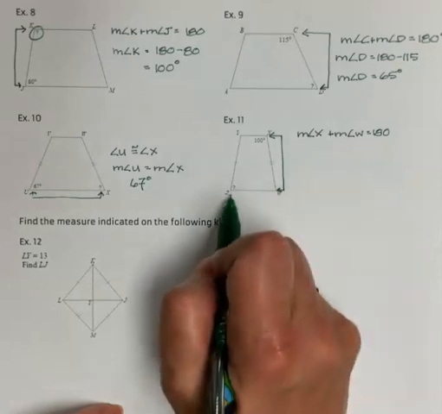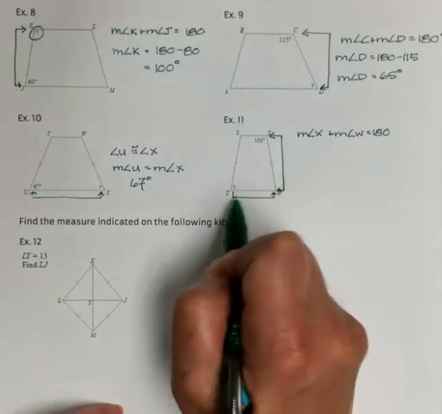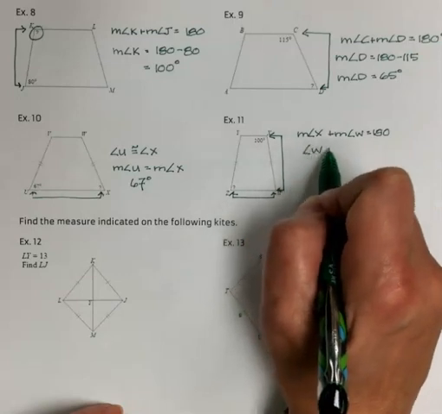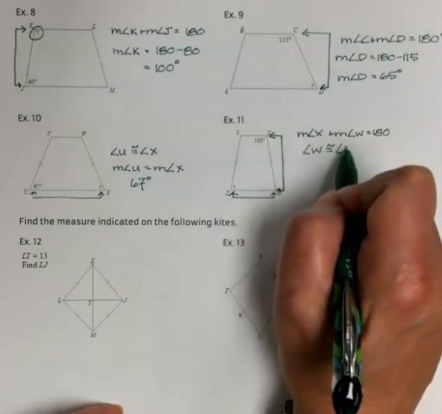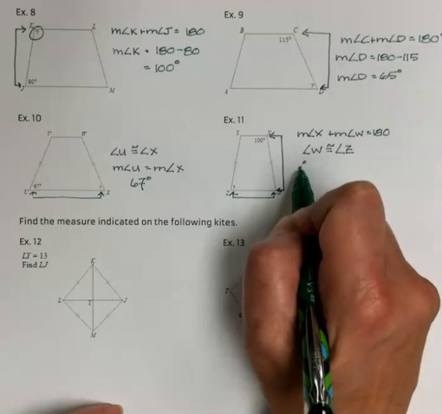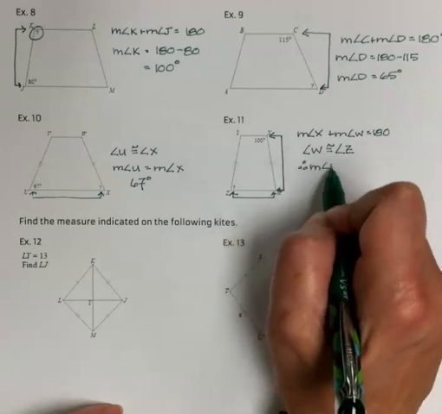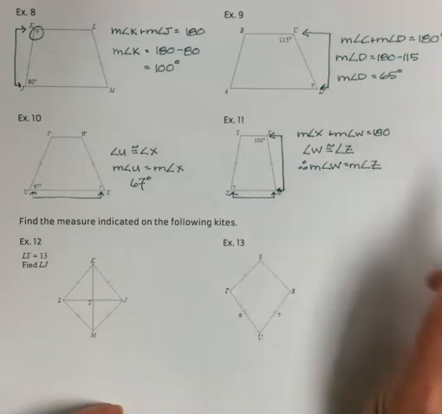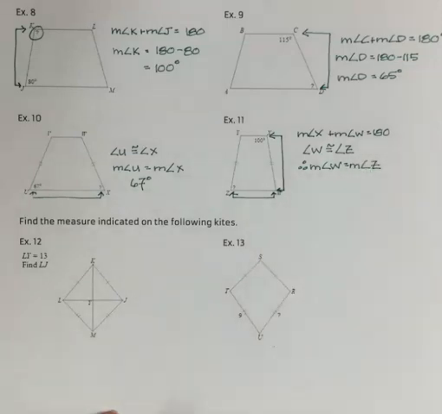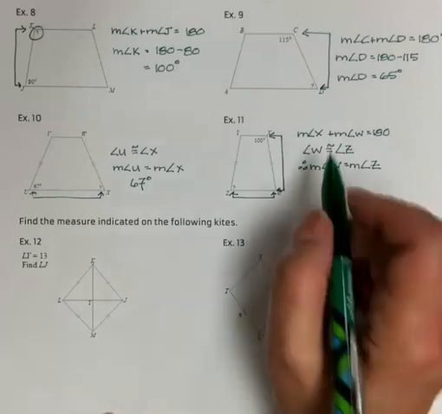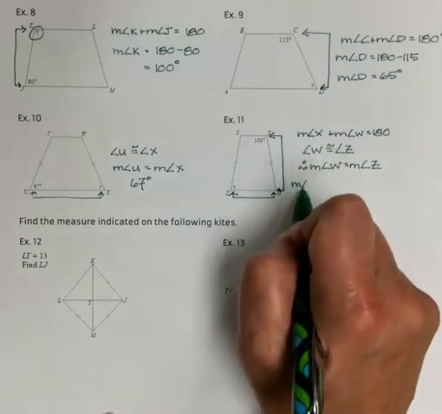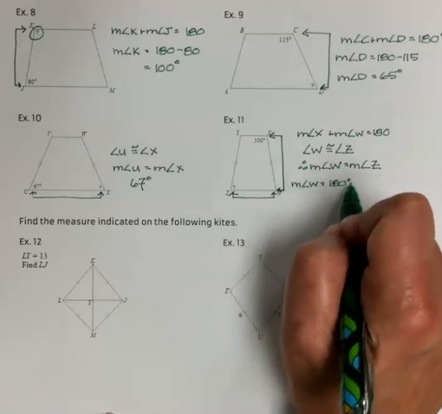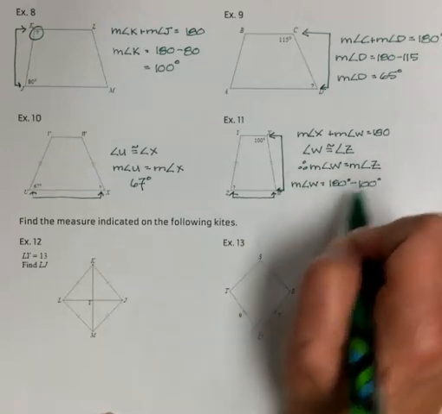And because it is an isosceles trapezoid, we also know that angle W is congruent to angle Z. Therefore, the measure of angle W equals the measure of angle Z. And so the way we're going to find the measure of angle Z is find the measure of angle W. Measure of angle W is going to be 180 minus 100.